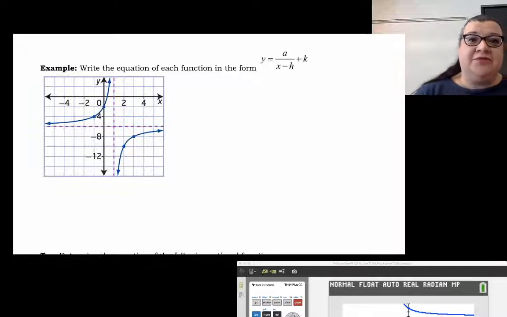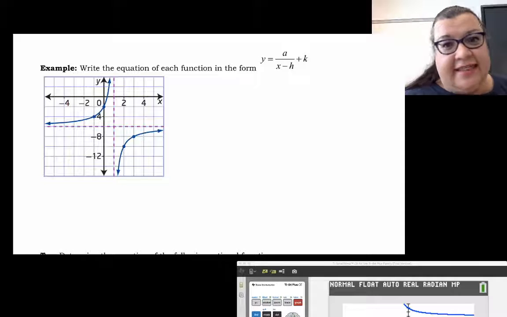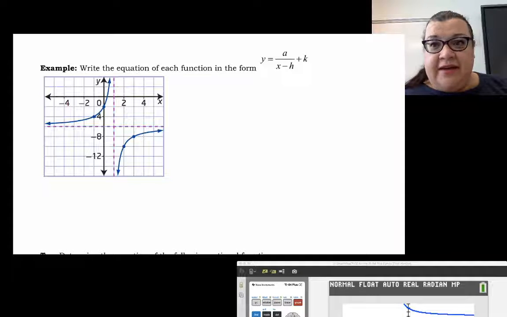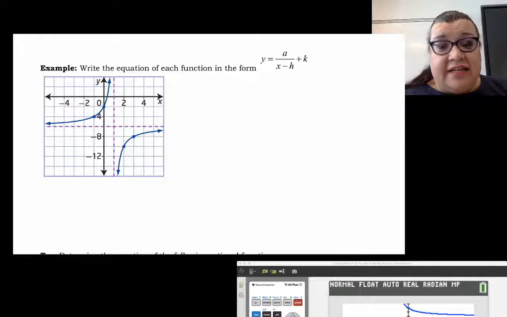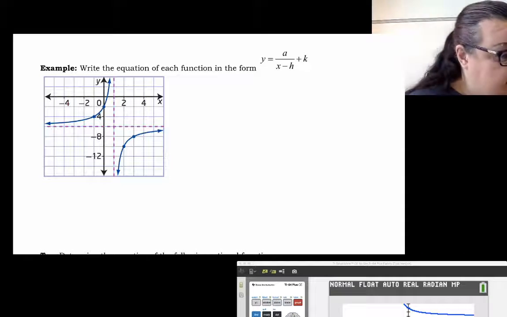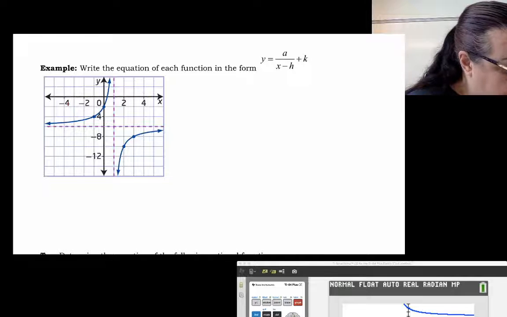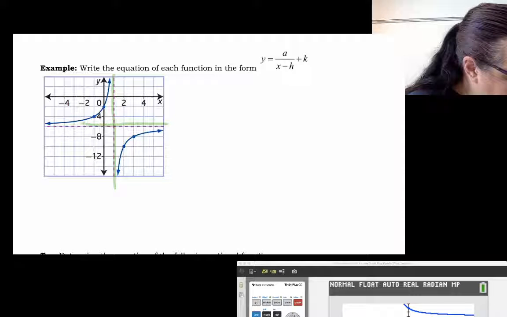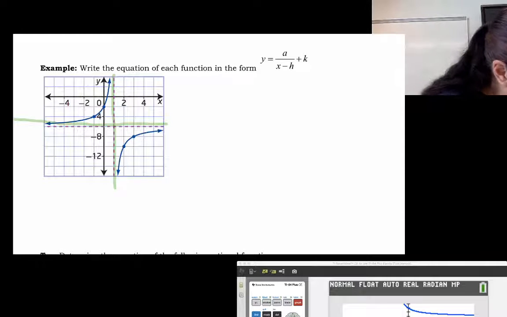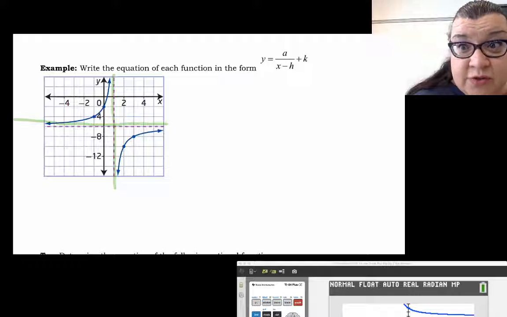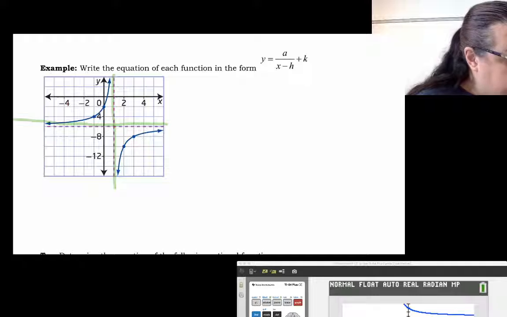So now we're being asked to write the equation for each function in that form. As you can see, what I've added to the picture is the dotted lines for the asymptotes, because those give you your h and k right off the bat. Right? So as we can see, our vertical asymptote is here at 1, and our horizontal asymptote is here at negative 6, because we're going down by 2's on the y-axis there, right?